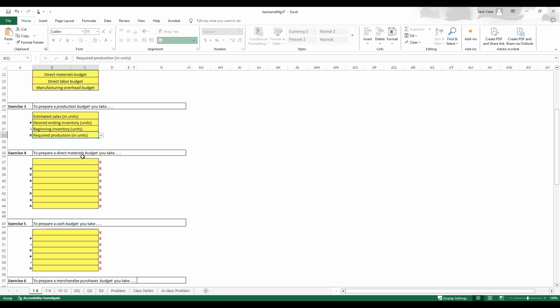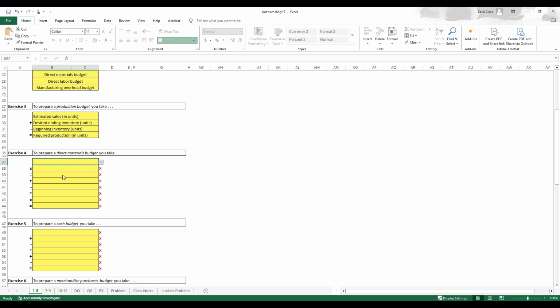To prepare a direct materials budget, we're going to need a similar type of process, but factoring in the direct materials needed per unit and also the cost of those direct materials.